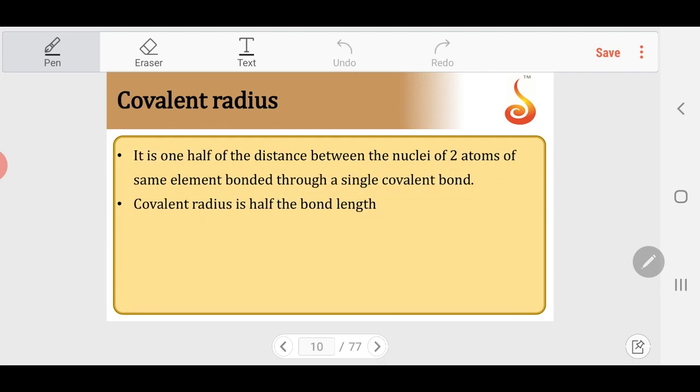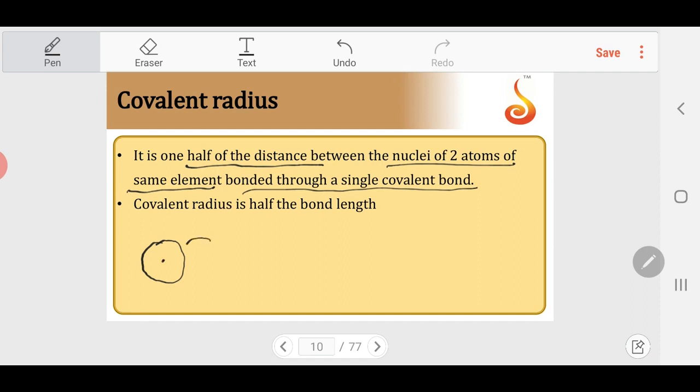What exactly is covalent radius? Covalent radius is half the distance between the nuclei of two atoms of the same element bonded through a single covalent bond. For example, let us say this is one atom, this is the nucleus.